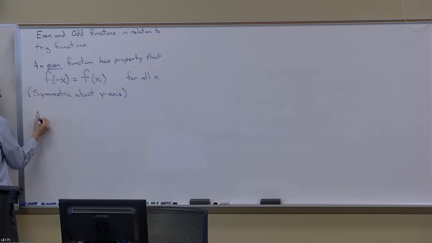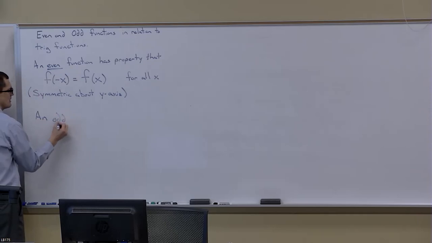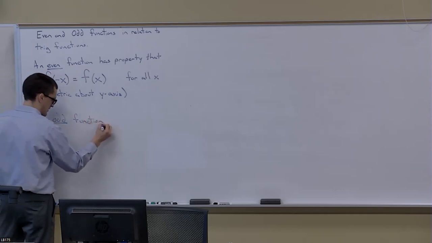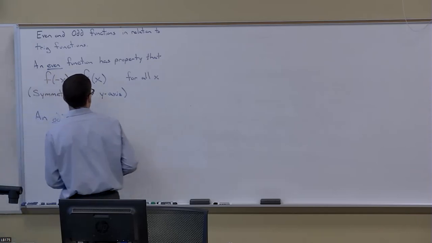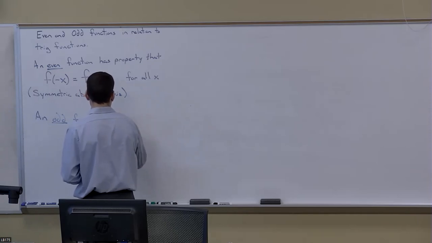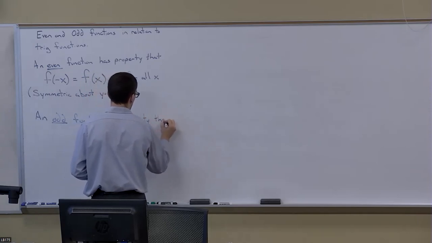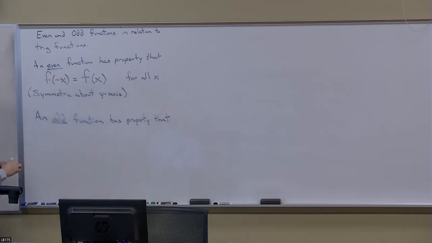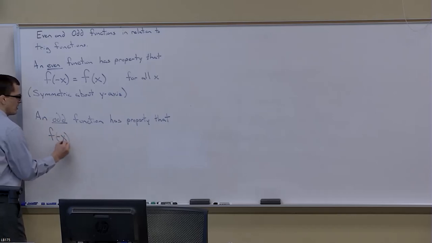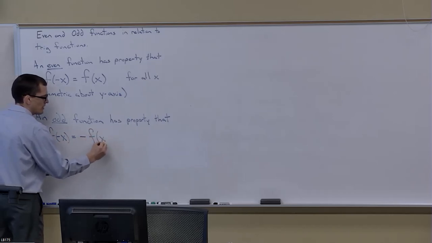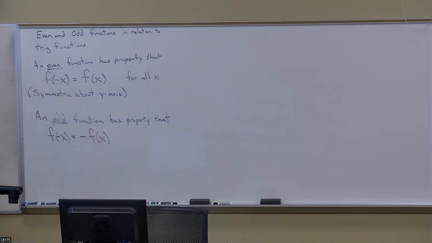An odd function has the property that if you plug in a negative value for x, your output is actually the opposite of what you get when you plug in a positive value for x, for all x.